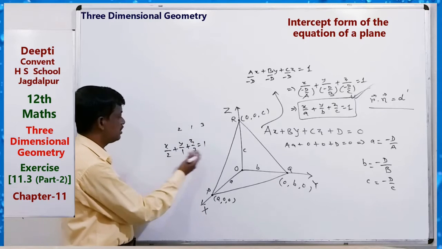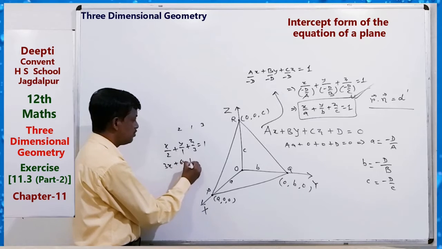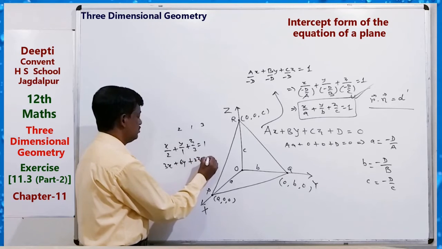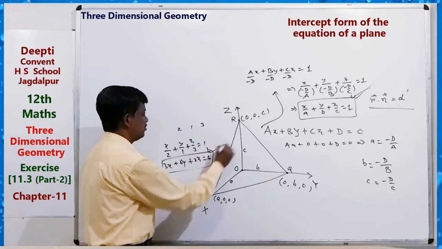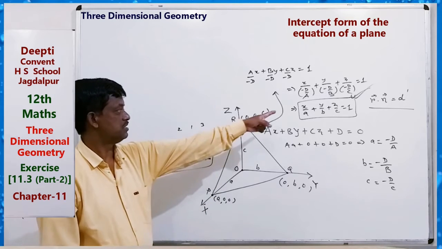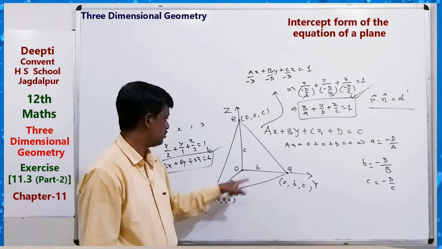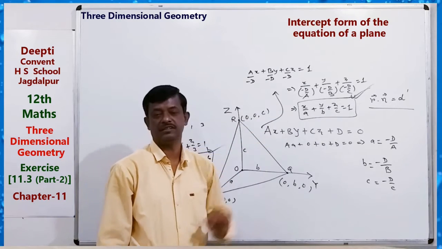Now taking LCM, we can write 3x plus 6y plus 2z equals 6. So this is our plane. This is the intercept form: a plane making intercepts a, b, c on the x-axis, y-axis, z-axis can be written like this.